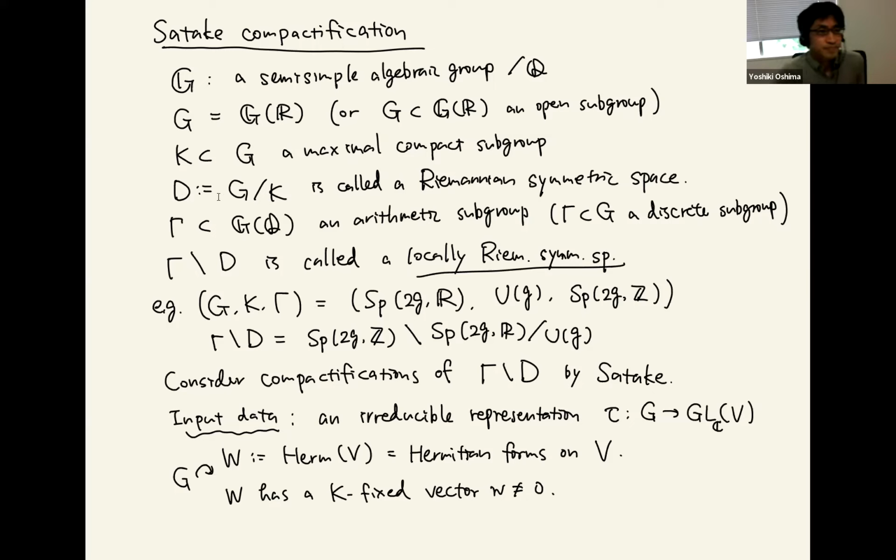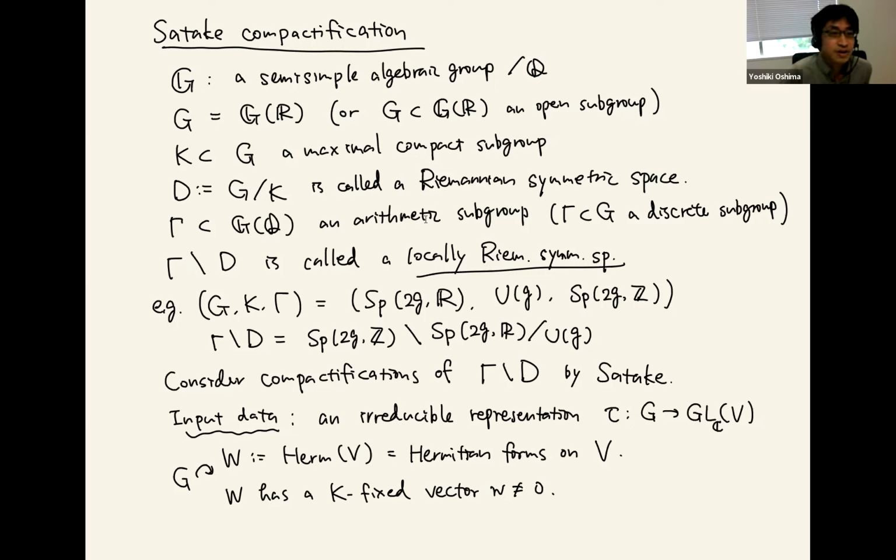Then we take an arithmetic subgroup Γ, a subgroup of the Q-valued points. It is like the Z-valued, integer-valued points of G up to a finite index difference.